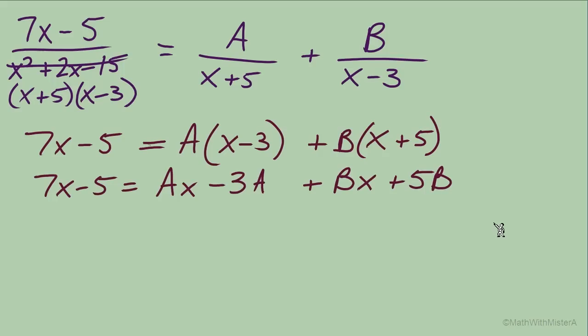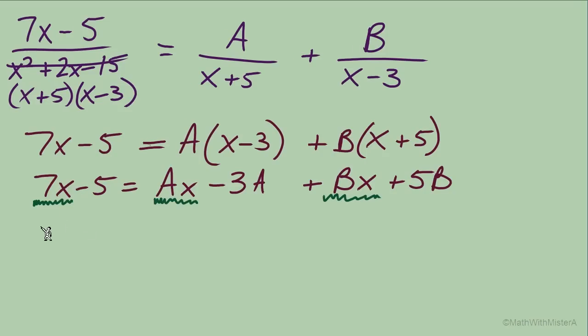And now what we can do is something based on knowing that only like terms can be combined. The 7x that we have here on the left side can only come from this Ax plus this Bx. There's no x in the negative 3A and no x in the 5B, so those are separate terms. So we're going through this equation, and we will parse out the different terms.